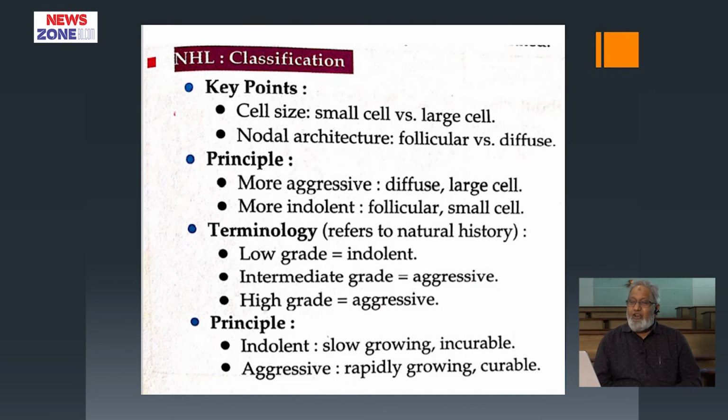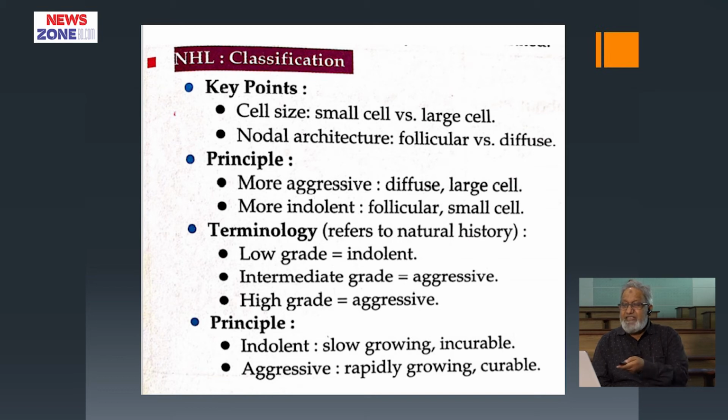In the diagnosis of non-Hodgkin's lymphoma, the key points are whether the cell size is small or large, and whether the nodal architecture is follicular or diffuse. If the cell size is large, the aggressiveness is greater. If the nodal architecture is diffuse, this is aggressive.